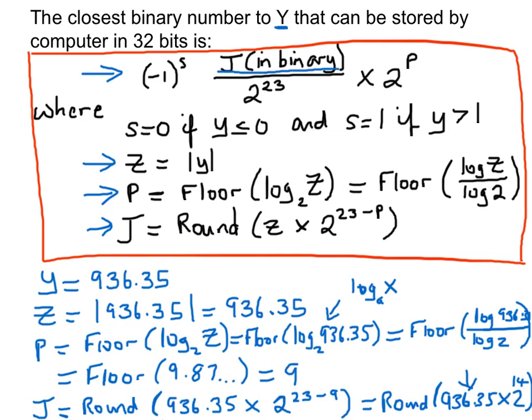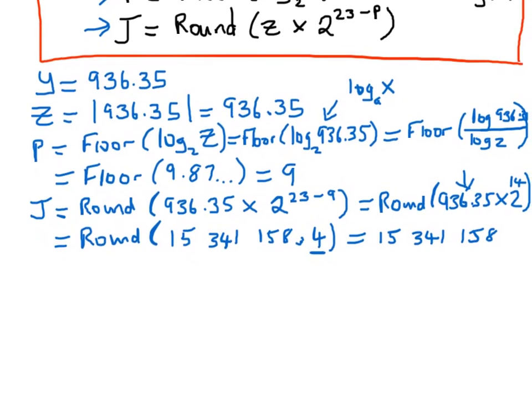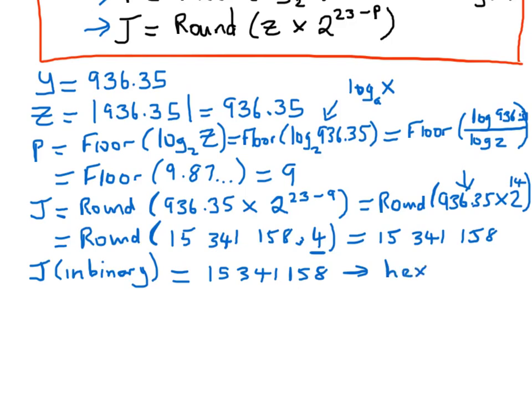So I'm going to come back down here and work out j in binary. Now j is a very big number, so I can't do the conversion directly on my calculator. So I'm going to have to convert this number to hex first. So I'm going to take 15341158 and convert it to hexadecimal first on my calculator and then convert it to binary.